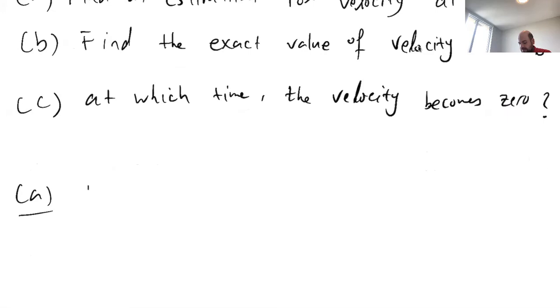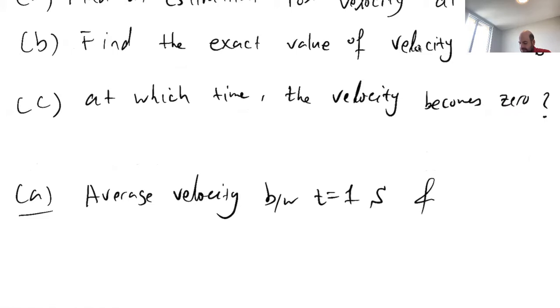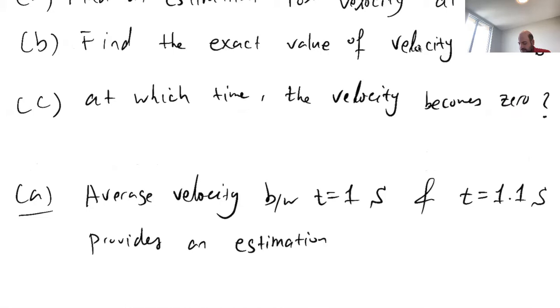So the average velocity between t equals 1 second and t equals 1.1 seconds provides an estimation for v of t at t equals 1 second.